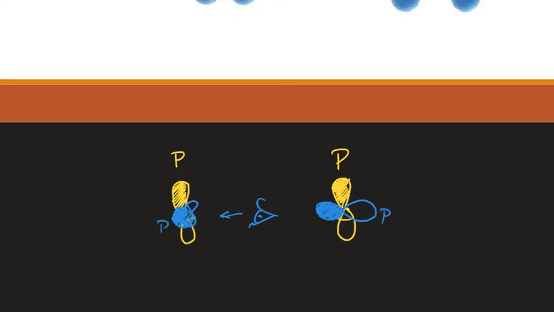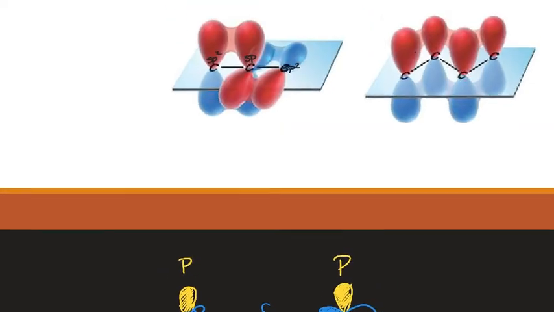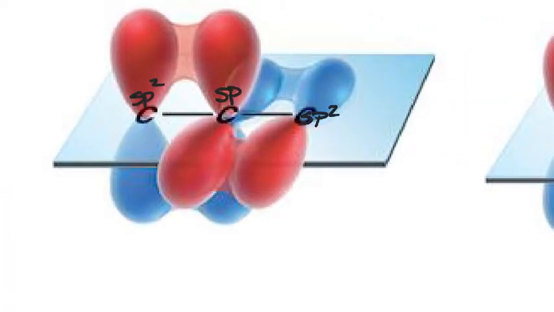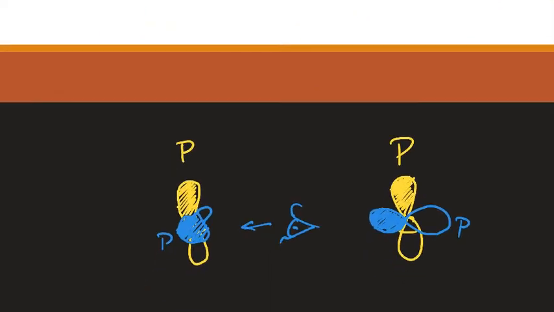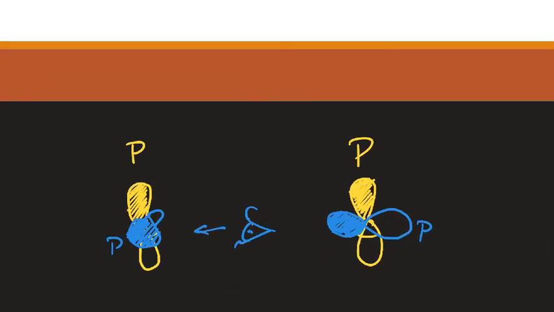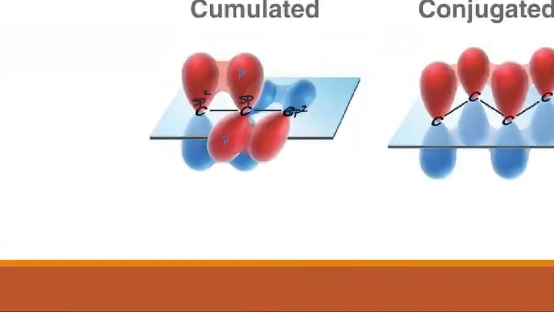There's your p orbital, your other p orbital. Okay, so when you look at this, the p orbital here and the p orbital there are perpendicular to each other, just like we see here and sort of there.